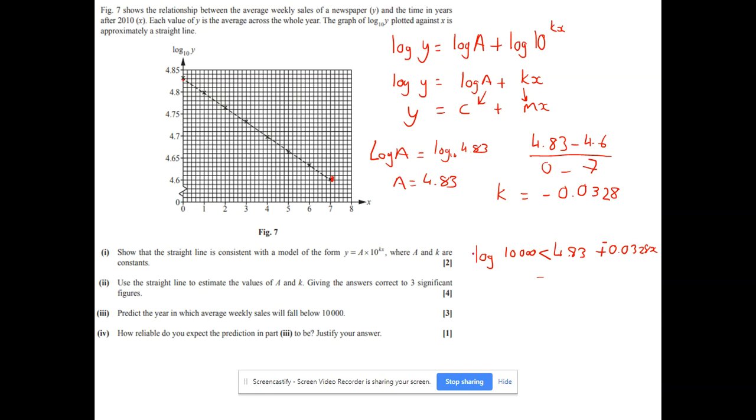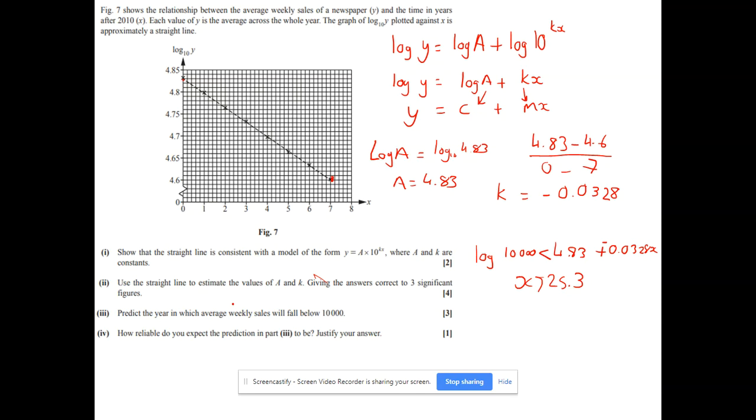Okay, so then we can now solve this, which comes out about 4, take away the 4.83, and we end up getting that our x value is greater than 25.3.